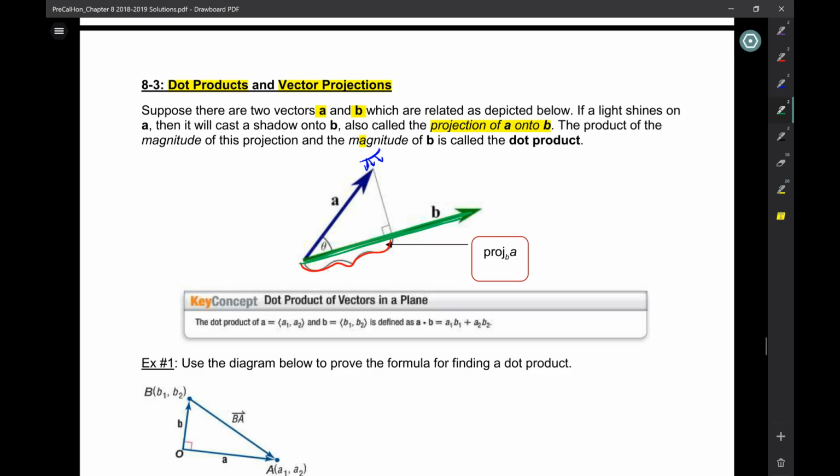Let me say that again. Does everybody understand that there is a shadow here? That shadow is called projection. If I measure that shadow, 7 centimeters, measure the entire green vector, 12 centimeters, multiply them together, that's the dot product.